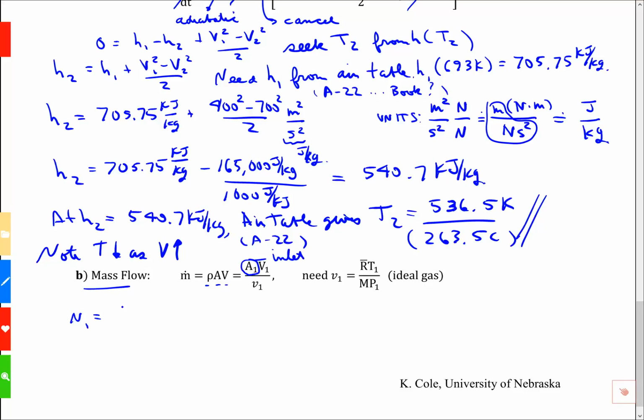So V1, I'm going to use universal gas constant 8.314 kilojoules per kilogram mole per Kelvin. T1, I need to use Kelvin for the gas law, 693. Molecular weight for air is 28.97 kilograms per kilogram mole.